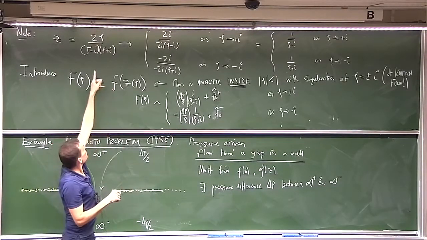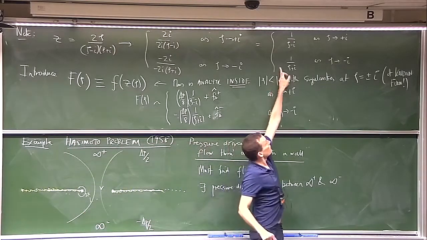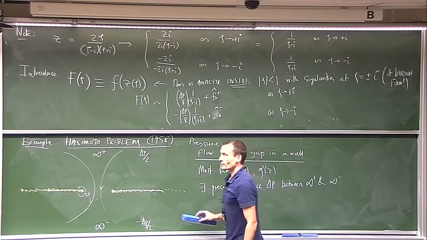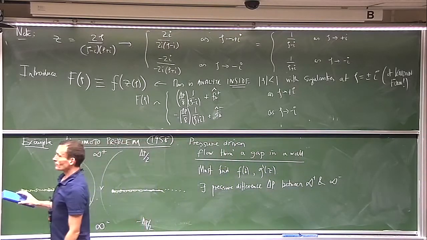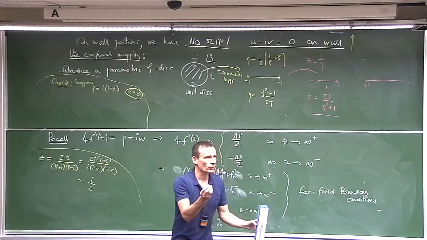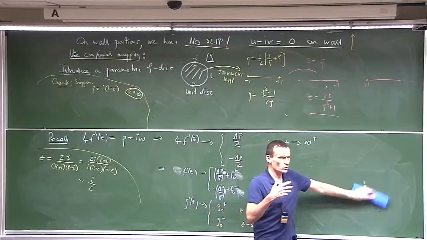Can anybody see how to slightly change this to make the minus sign appear here? I'm going to let you stare at it because this is the essence of the formal geometric approach to these problems. It's completely different to what you see in the literature. It's more geometric.